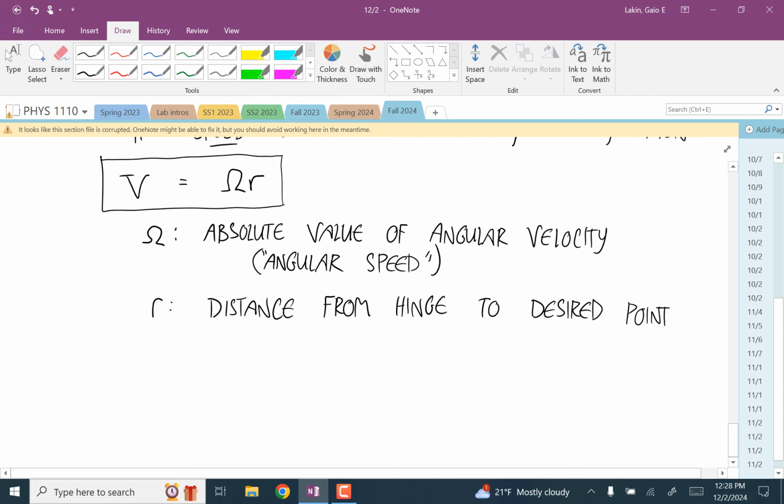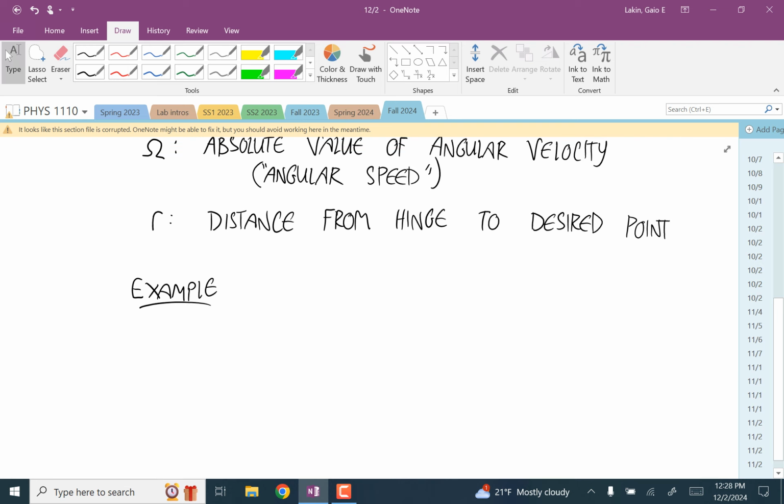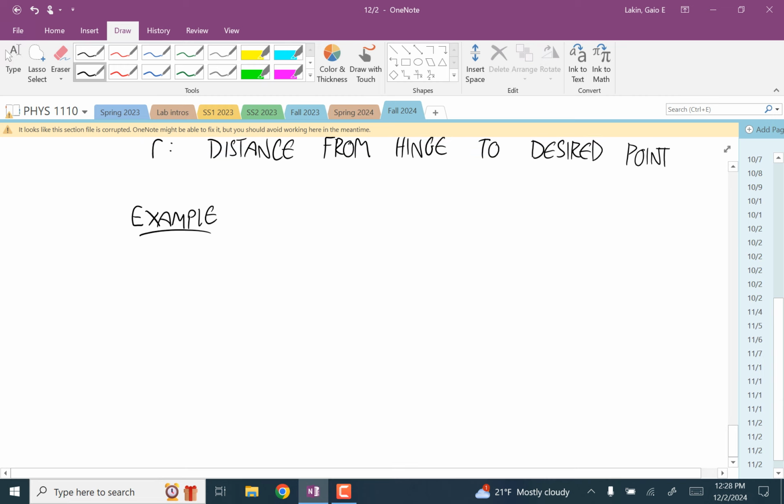Okay, so let me do a couple example problems using this equation. So let's say that we have, again, a board just rotating around a hinge.